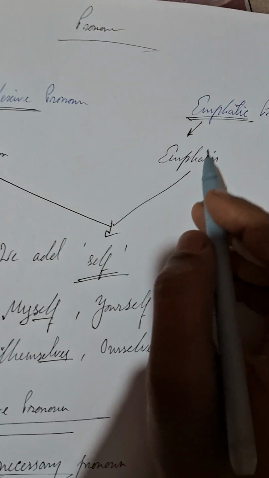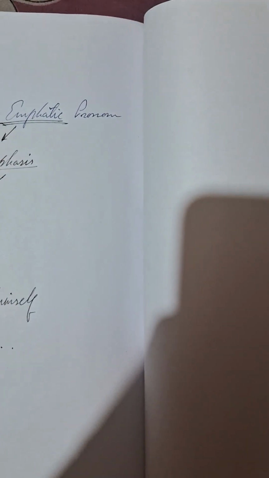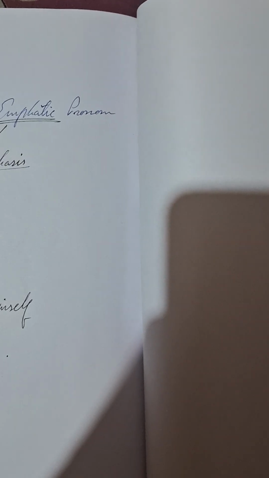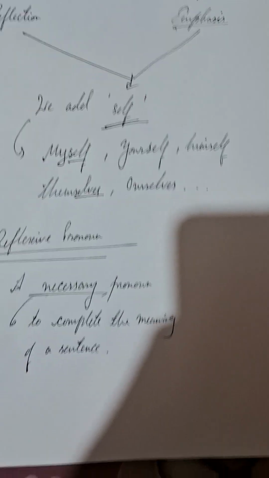As I said, the meaning came from emphasis. Emphasis means putting pressure on. So do emphatic pronouns. They just put pressure on the subject. And what does reflexive pronoun do?